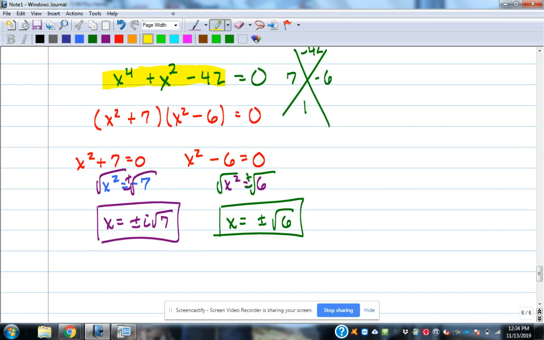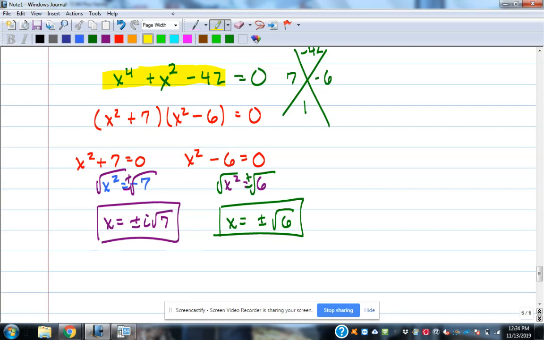What's it do around the x-axis? Does it cross the x-axis at all? Yeah, at the positive and the negative square root of 6.